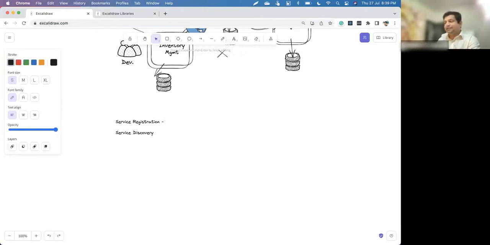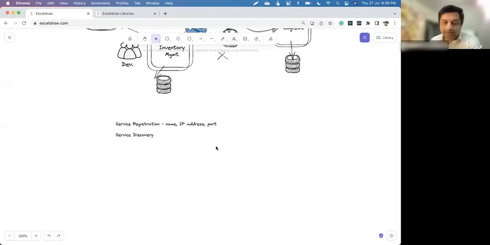So what service registration does is, you will give the details of the service, right? So the name of the service, IP address, port, etc., so that now this service can be located, right?